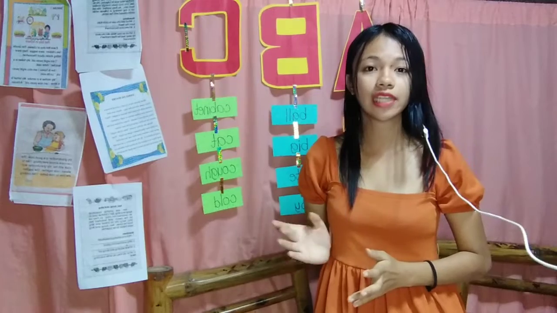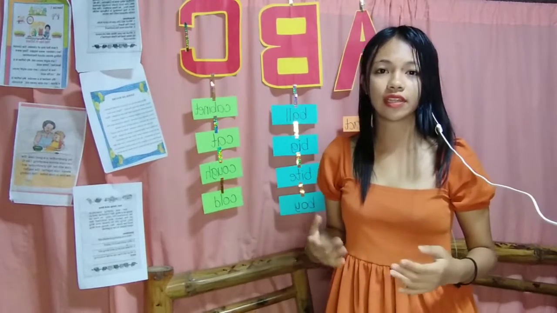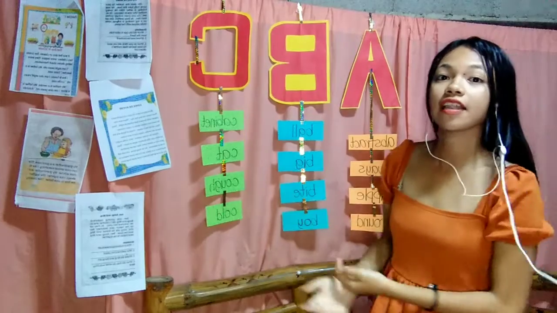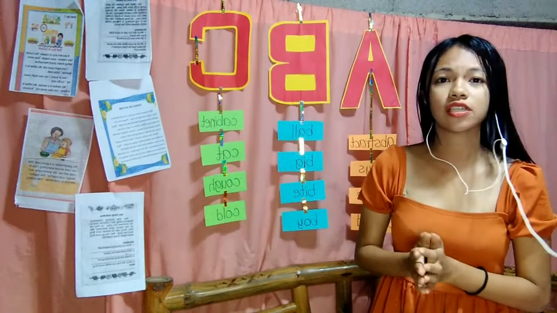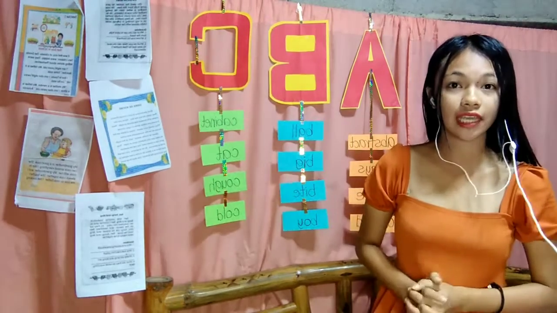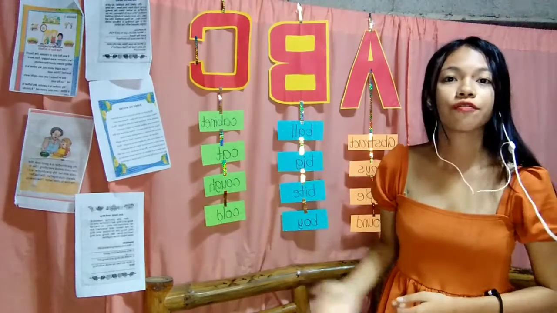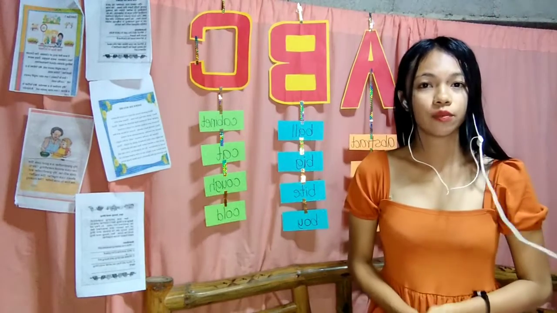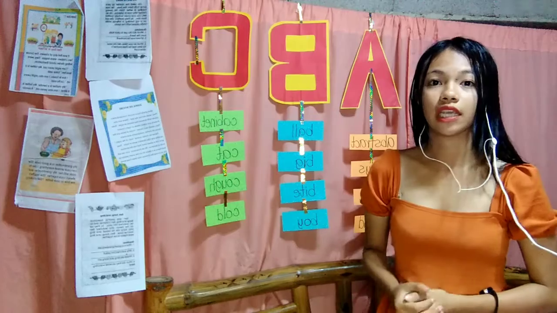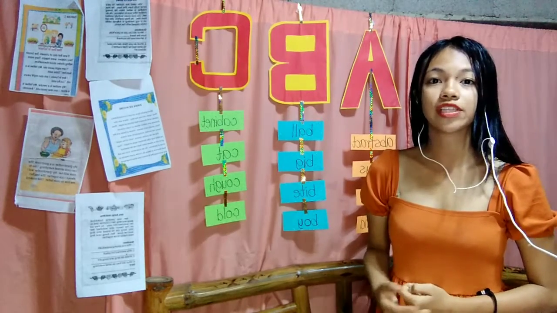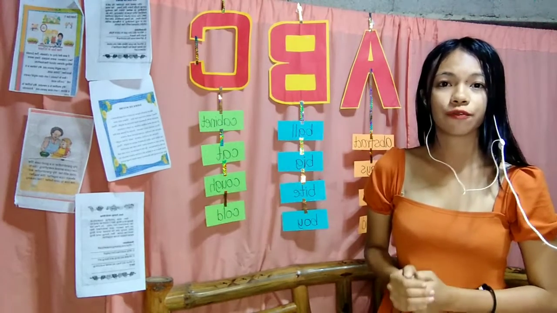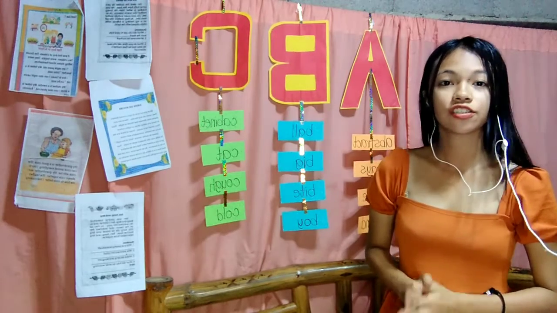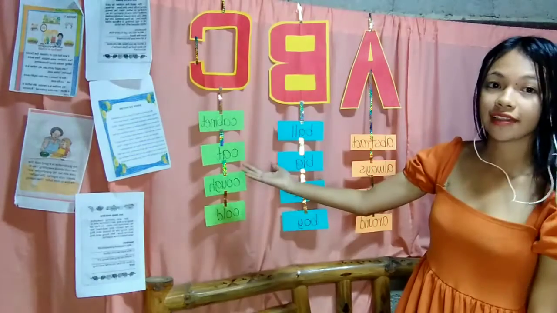Now, the question is how to integrate it in a lesson. You can integrate mobiles in a lesson by using strategies that enable the students to see it and study it. For example, you are making a mobile in alphabetical way from A to C only, and each alphabet letter has words that begin with that letter, just like the mobile that I made.